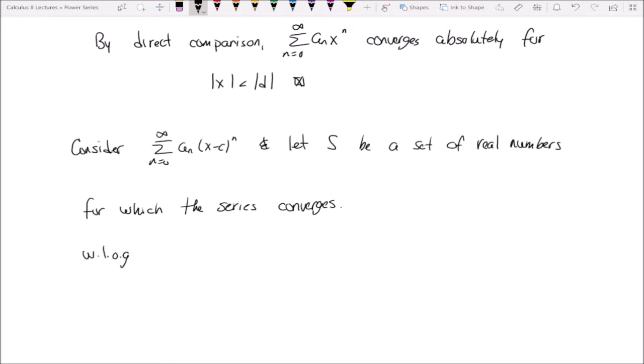Without loss of generality, we may take c to be 0.